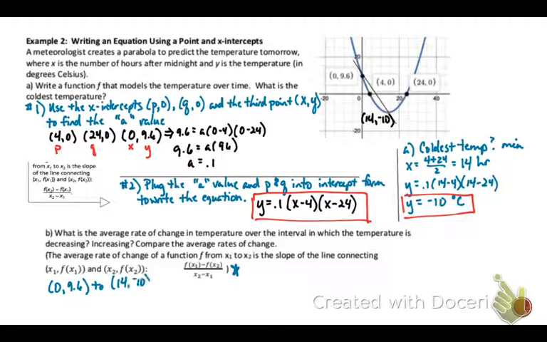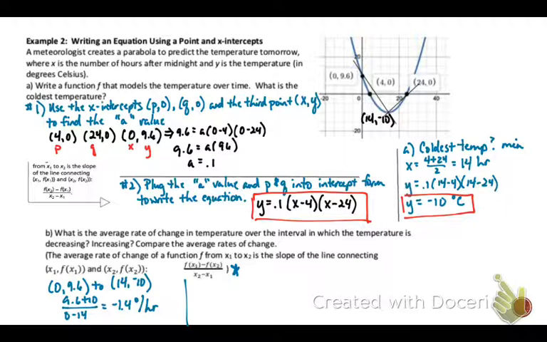So I'm using the points (0, 9.6), because that's where we started, and all the way 14 hours down to negative 10 Celsius. So as you can see at the bottom of the screen, I found the slope. 9.6 minus a negative 10 over 0 minus 14 will give us an average change of negative 1.4 degrees Celsius per hour.